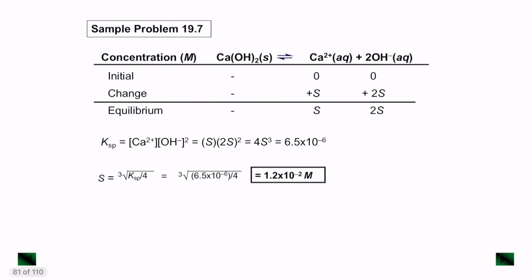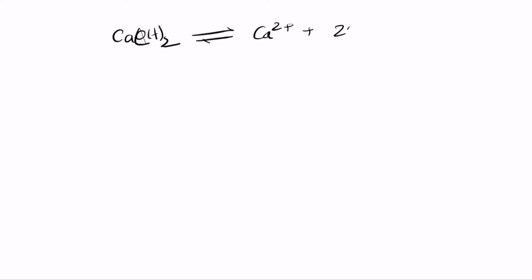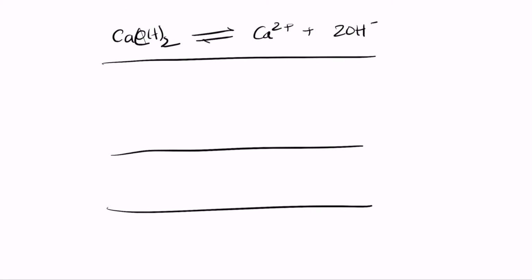Now the idea here is to remember you have Ca(OH)2 resulting in the formation of Ca2+ and 2OH-. So let's write the reaction table: initial, change, and equilibrium. We don't need to know what Ca(OH)2 becomes.